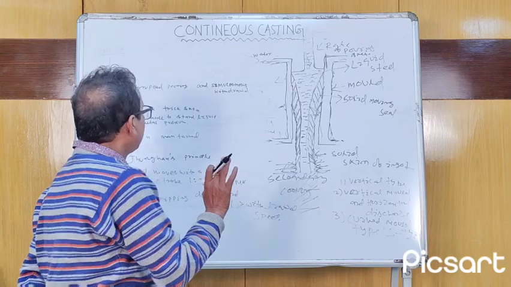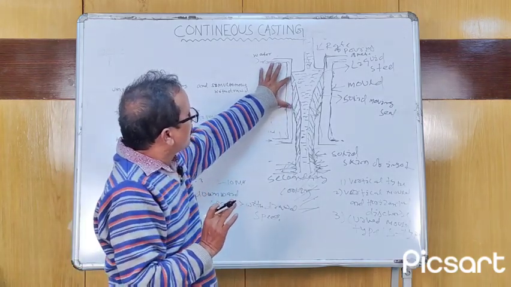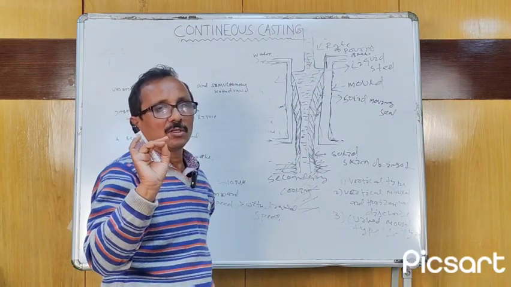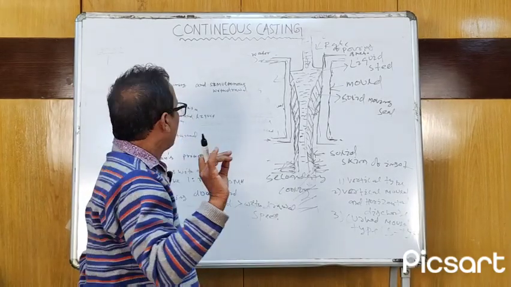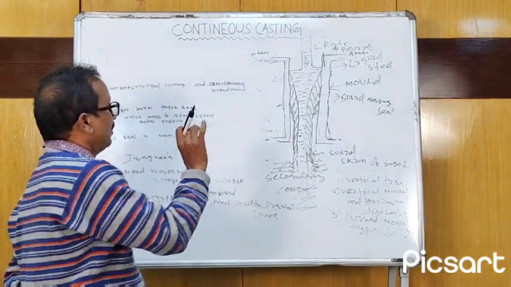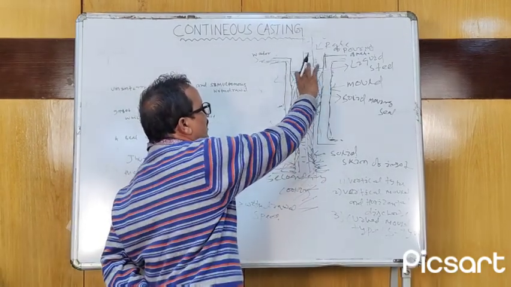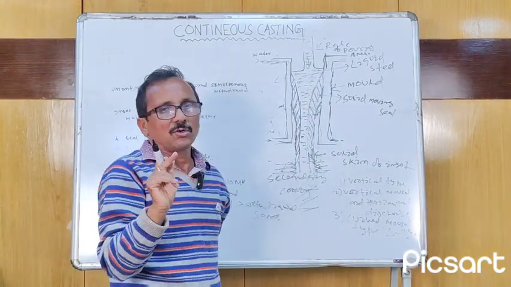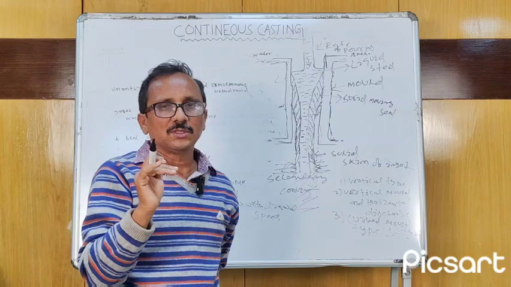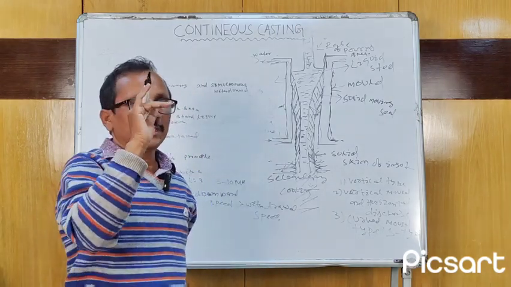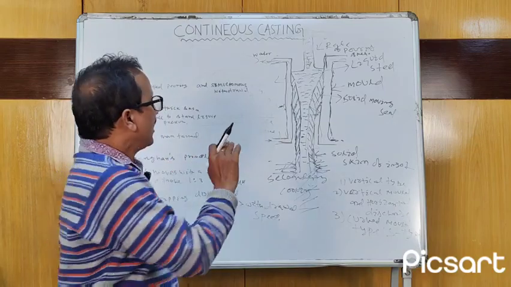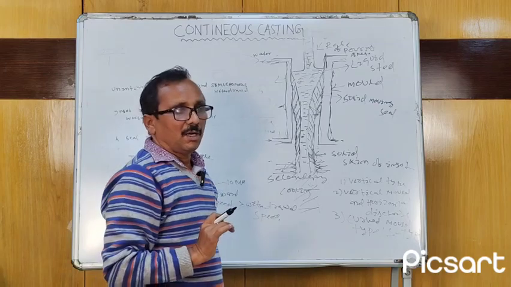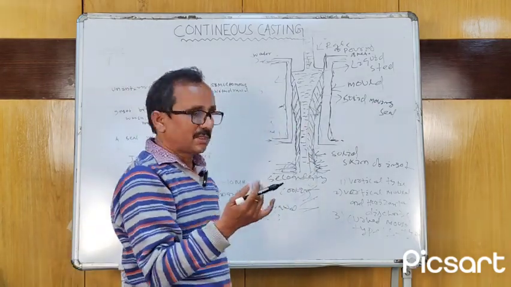You see this solid portion adhering to the mold walls. That is called the metal seal. This metal seal is continuously moving, called a solid moving seal, which is continuously maintained as a solid piece, and it moves such that no crack takes place and no metal is torn out through the thick skin.